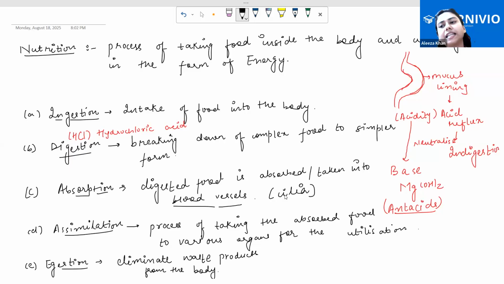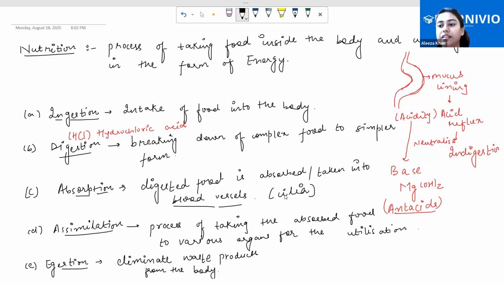What happens when the kidneys get damaged? What's the role of the kidney, Shreya? Ma'am, the kidney basically filters our blood. It is the excretory organ.